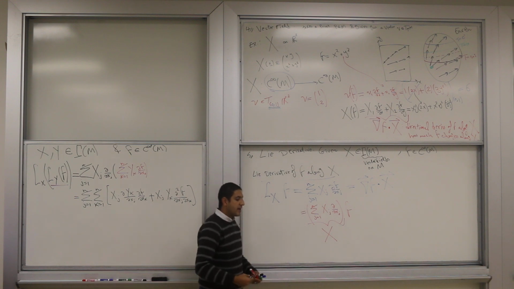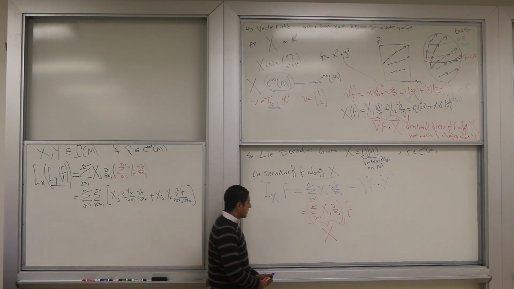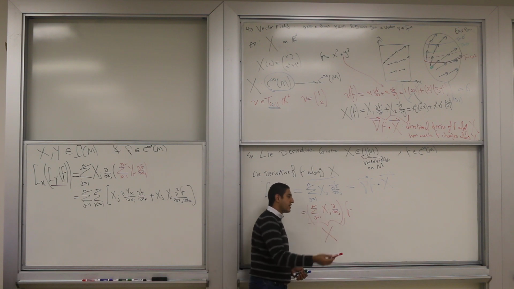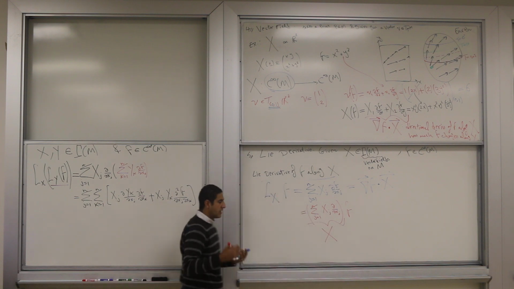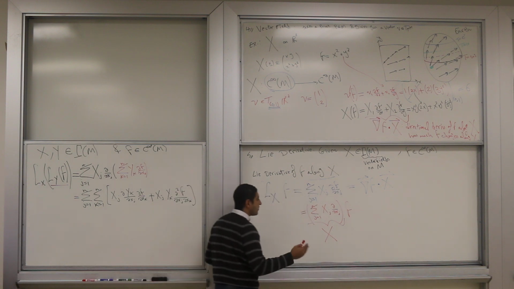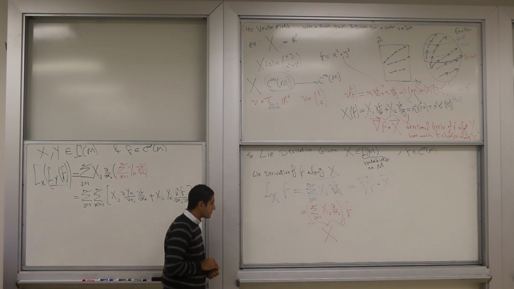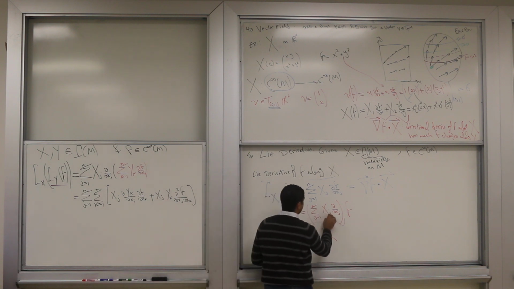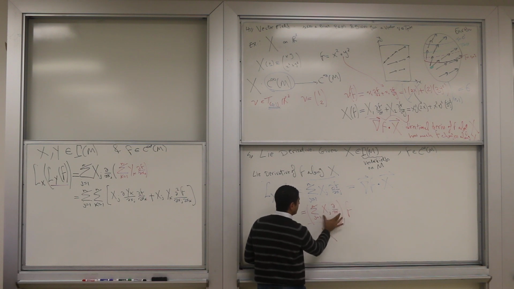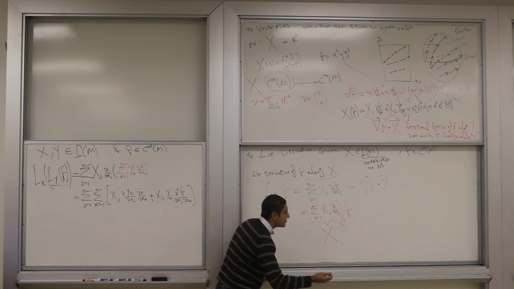A vector field x has components, large x1 up to large xn. Okay, it's x1 in the e1 direction, xn in the en direction. But as we said, in differential geometry our bases are not i, j, k or e1 up to en. They are partial x's, okay? So whenever you have some components multiplied by partial x's in differential geometry, it means that this guy is a vector field. It means that this guy is tangent to your surface.